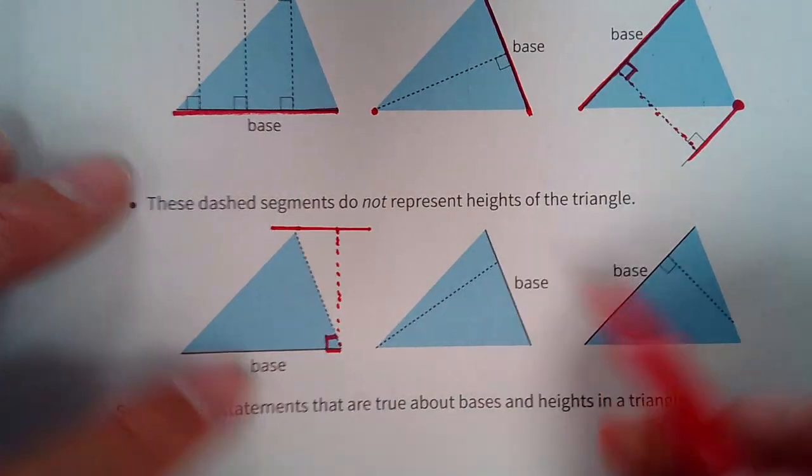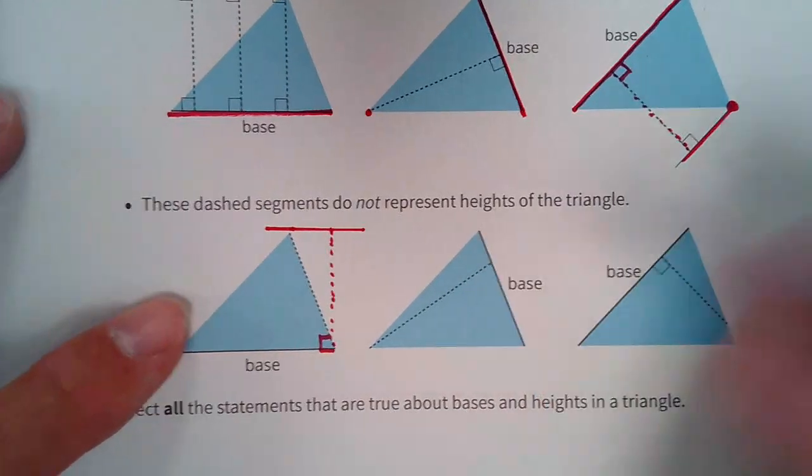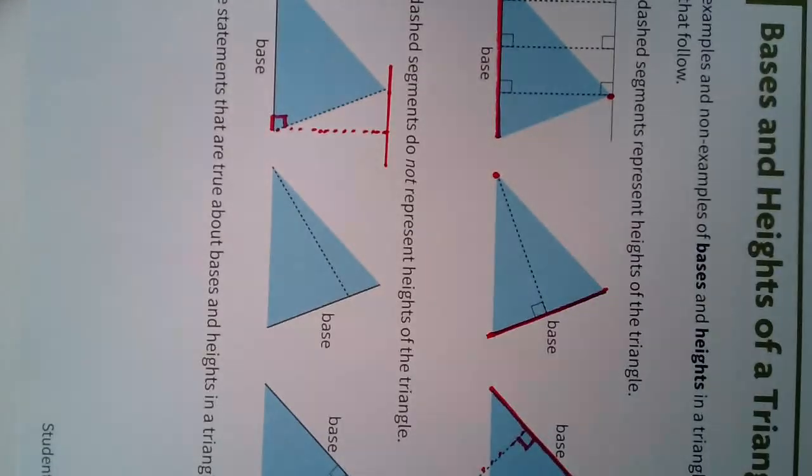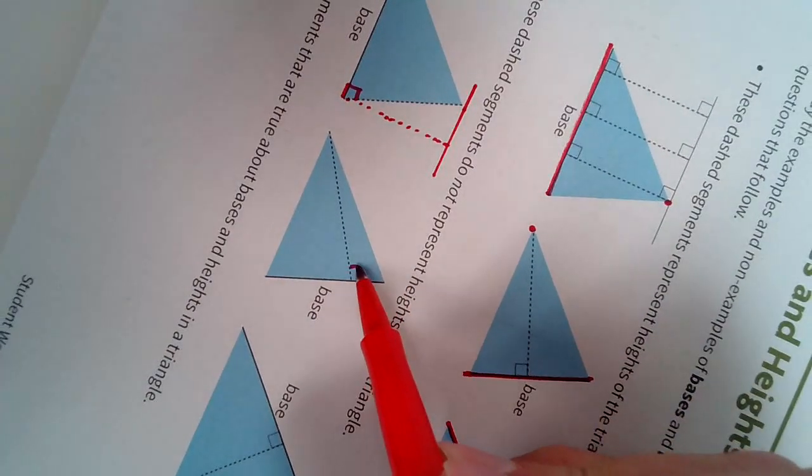This also wouldn't work. Again, if I was to turn this around, and we're looking at that base, it's kind of blurry. Let me see if I can fix that. Okay. This is not a right angle here. It's tilted to the side, so that's not going to work.